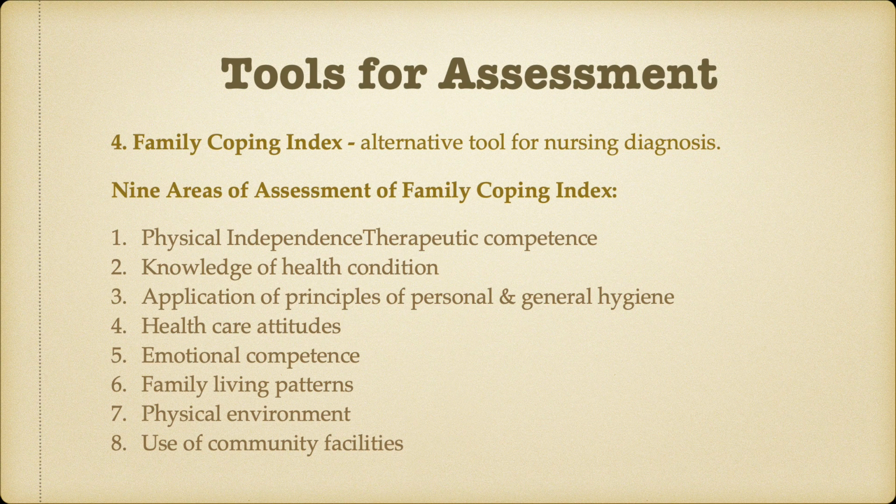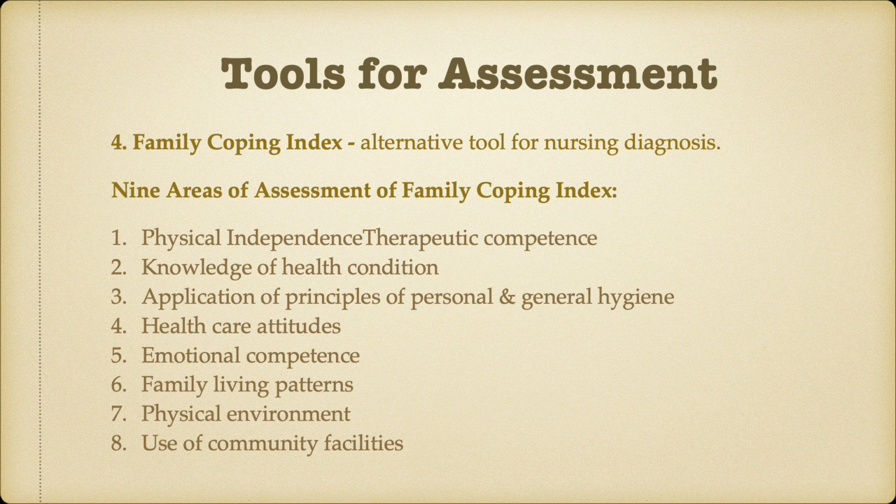Number 3 is knowledge of health condition. So that means understanding of health condition or essentials of care according to developmental stages of family members. Like, for example, degree of knowledge of family members in terms of communicable disease and its modes of transmission, or if that disease is genetically transmitted, like for example, the diabetes mellitus.